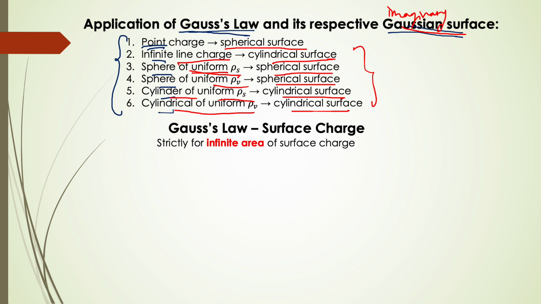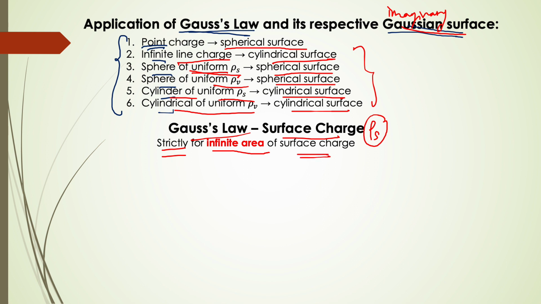Now let's look at Gauss law for the surface charge. Surface charge is represented as rho s. Remember that using Gauss law is strictly only for an infinite area of surface charge.